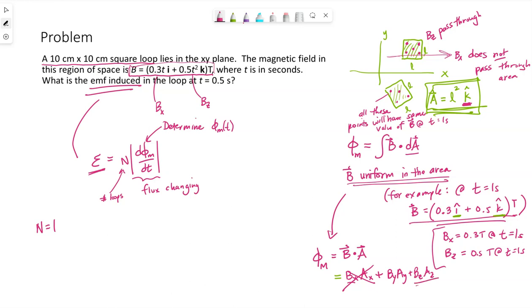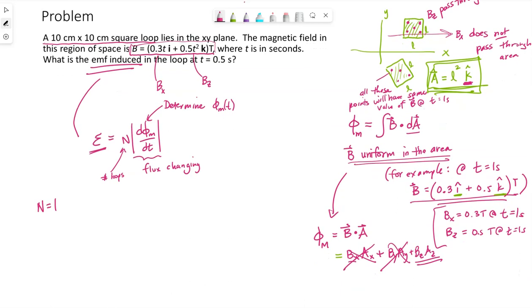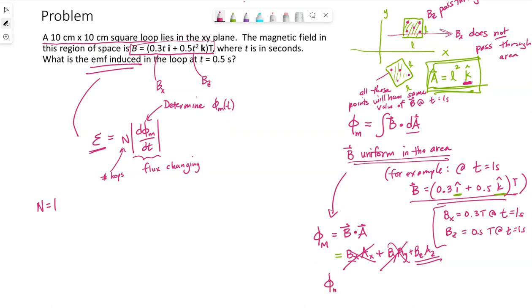So we only have a z component, k hat, a z component of area. So our flux in this particular case will only be the z component of the magnetic field times this area vector that's only completely in the z direction.